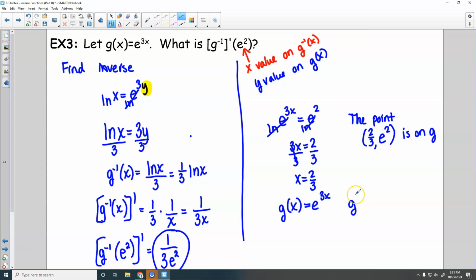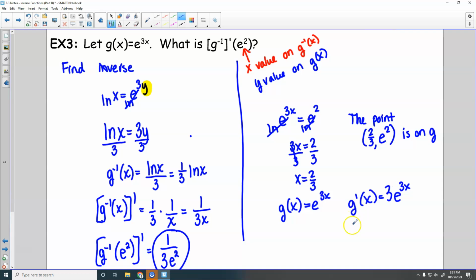What does g prime of x equal? It's almost just e to the 3x. The derivative of an exponential is itself, except you have to multiply by the derivative of the inside. There's a chain rule here. And what's the derivative of your 3x? 3.